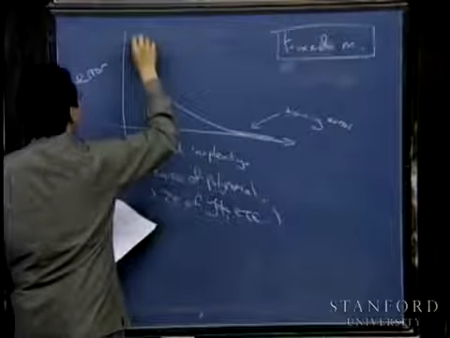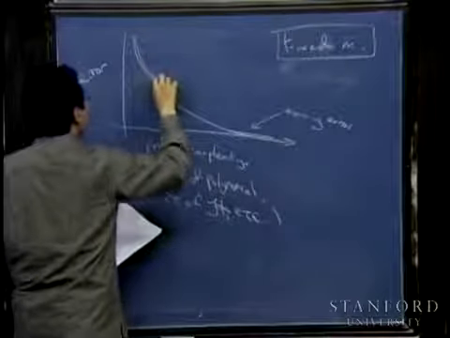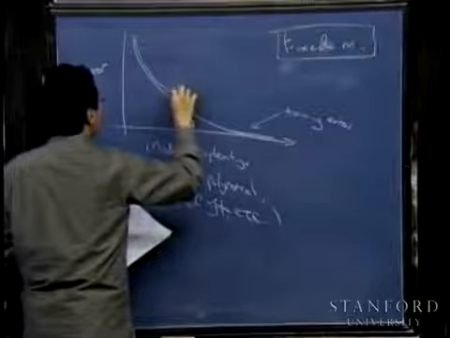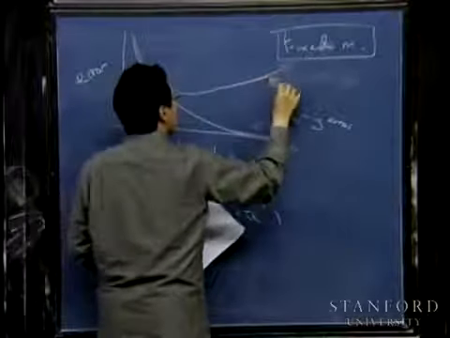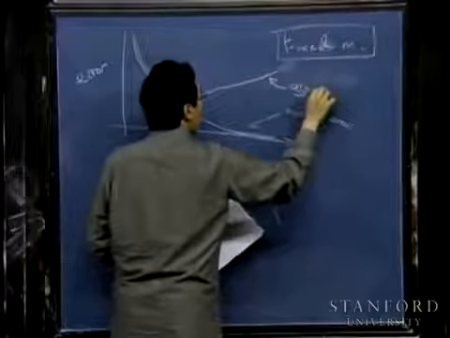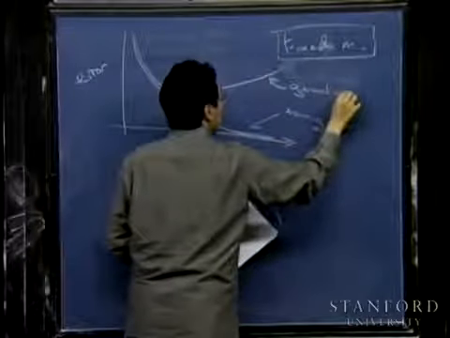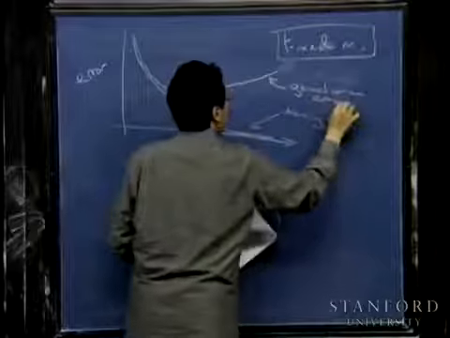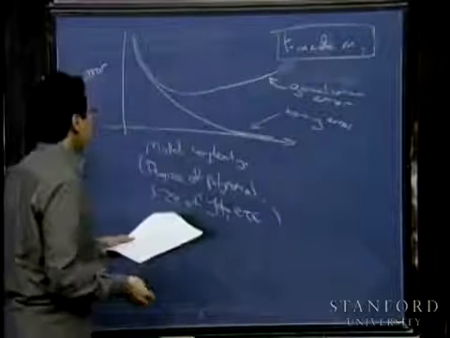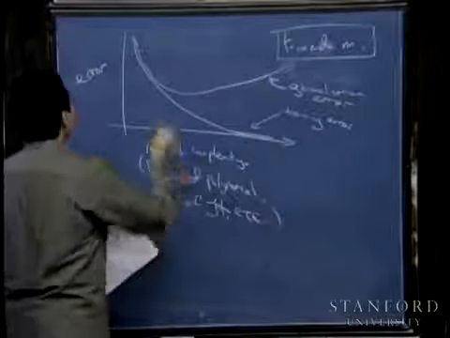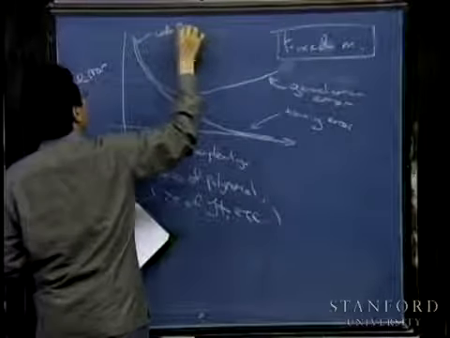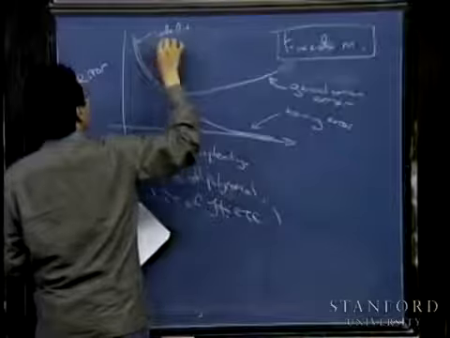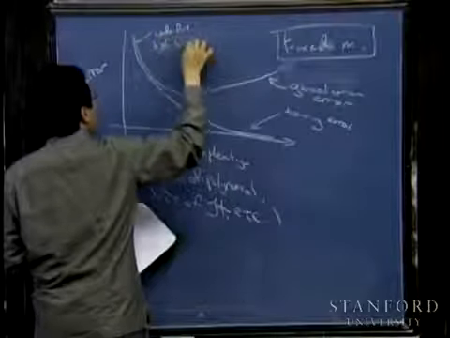But because of this bias-variance trade-off, you find that generalization error will come down for a while and then it'll go back up. This regime on the left is when you're underfitting the data, or when you have high bias.